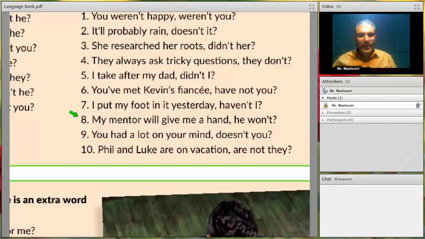Number 8, my mentor will give me a hand, will help me, will lend me a hand. So will, won't he? Number 9, you had a lot on your mind. You had, simple past, didn't you? Number 10, Phil and Luke are on vacation. Aren't they? Remember?